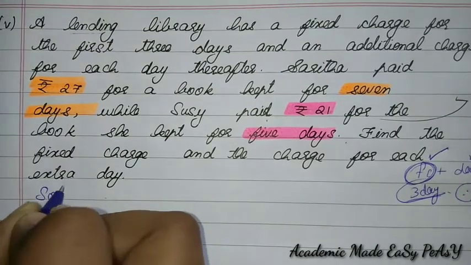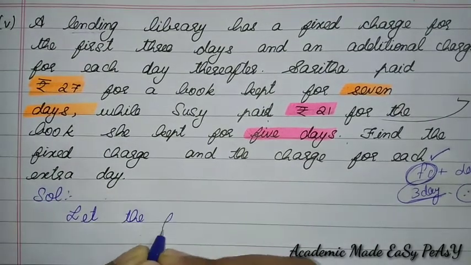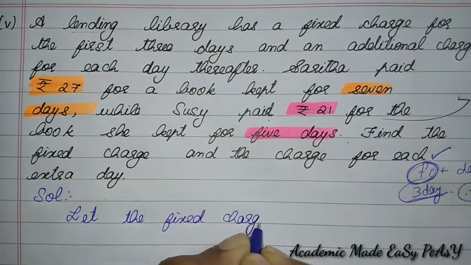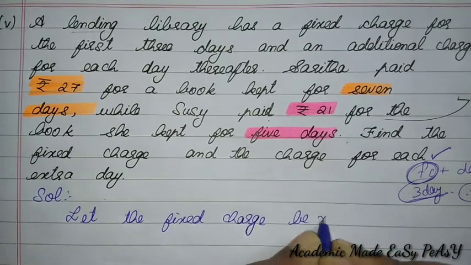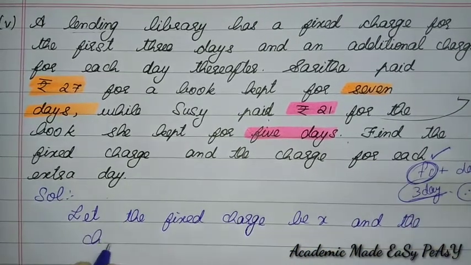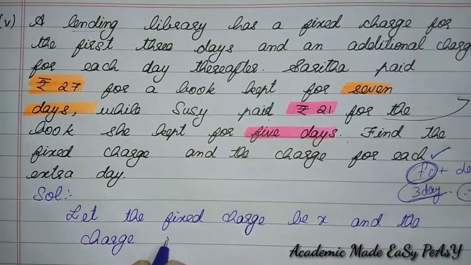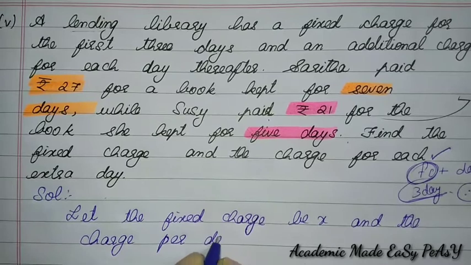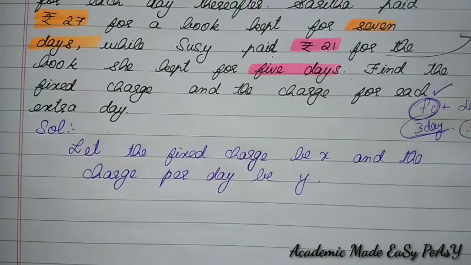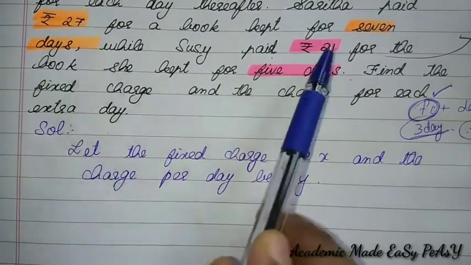So solution: let the fixed charge be x and the charge per day be y. Then what will the equation be? 27 rupees for 7 days.